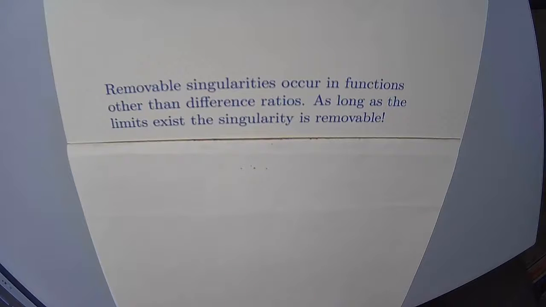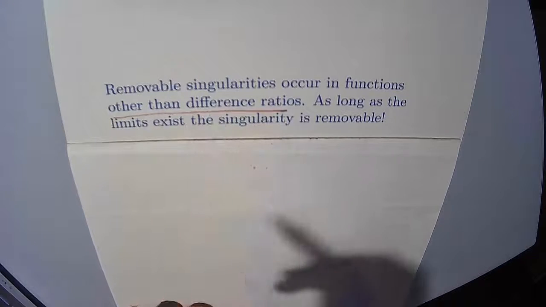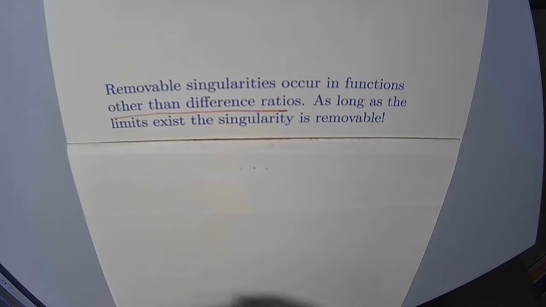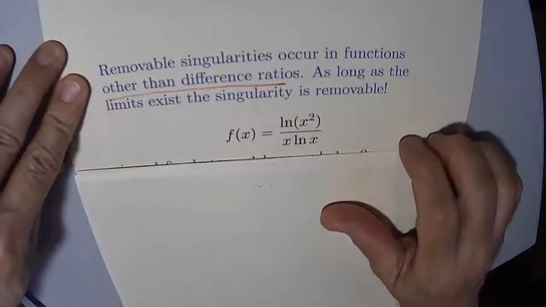Okay, one more thing to discuss is that removable singularities that we have talked about so far all seem to be difference ratios, but difference ratios in reality are just a subset of all the removable singularities. There are many others.